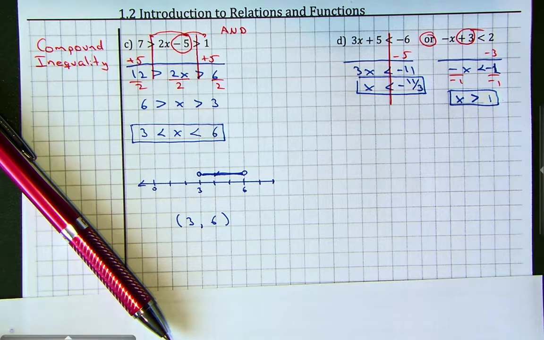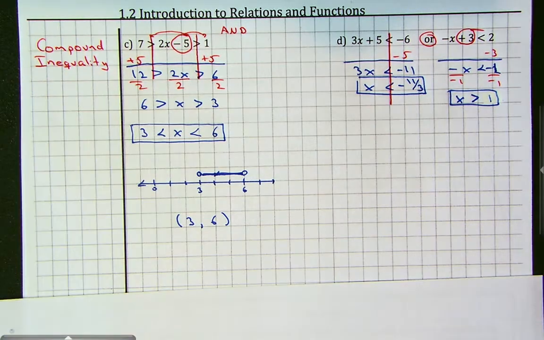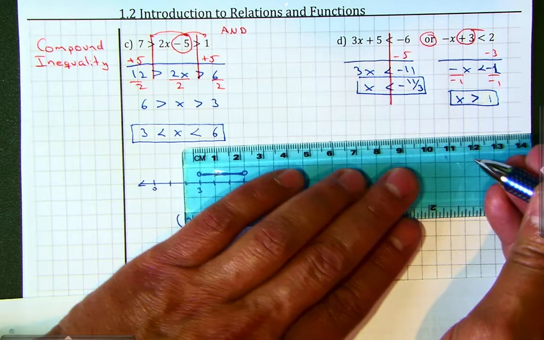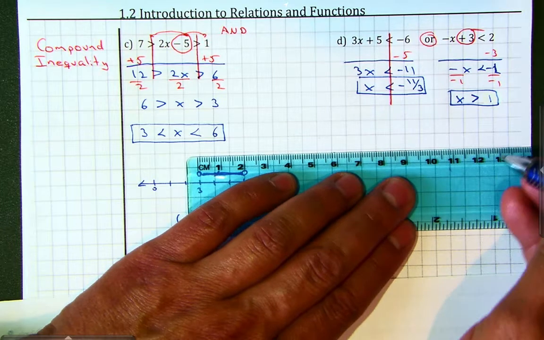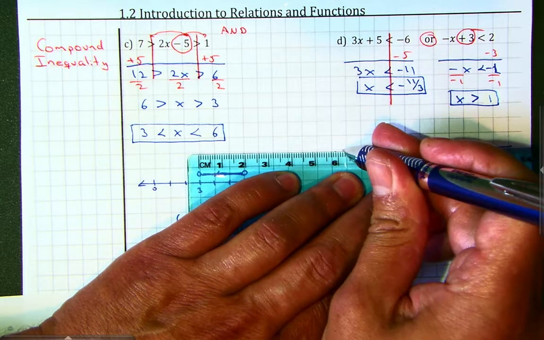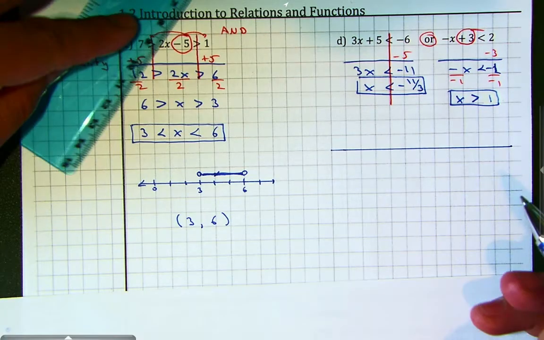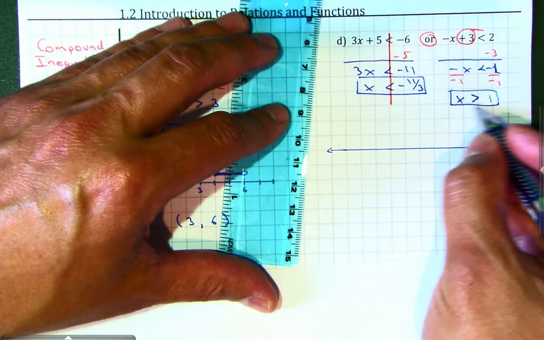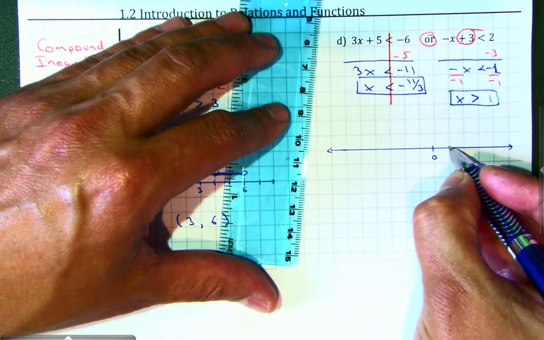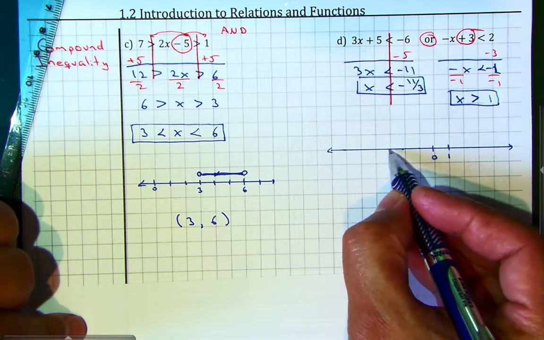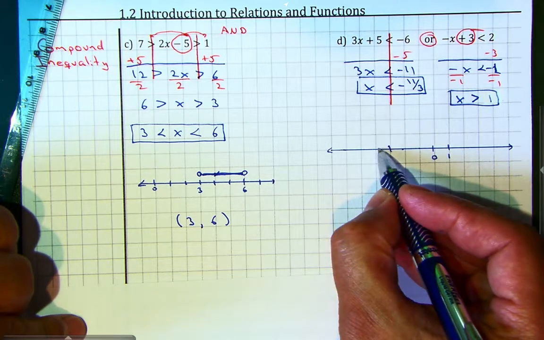And now we can graph it. Let's see, negative 3 over 3, no, it's negative 11 thirds. Negative 11 thirds, that'll be 3 and 2/3. So I need 1, so I'll place my 0 here. This is 1 that I need. Negative 1, negative 2, negative 3, and negative 4.